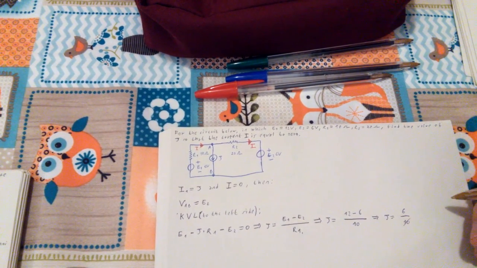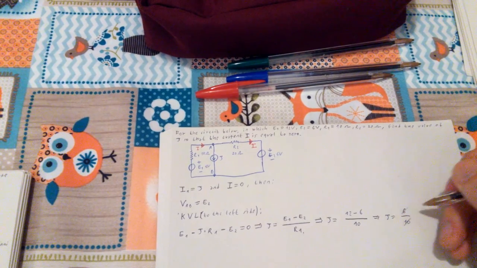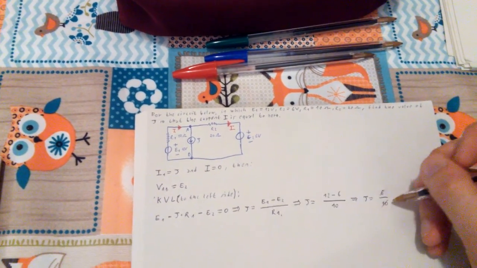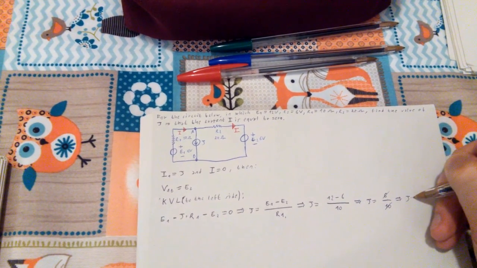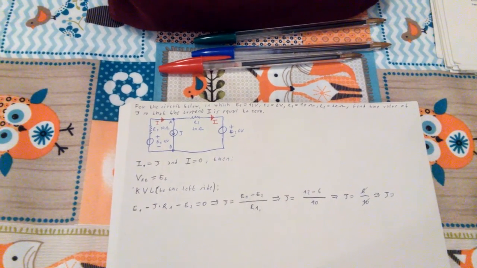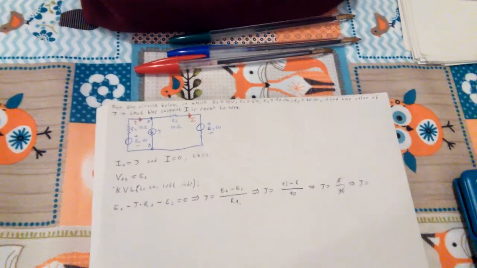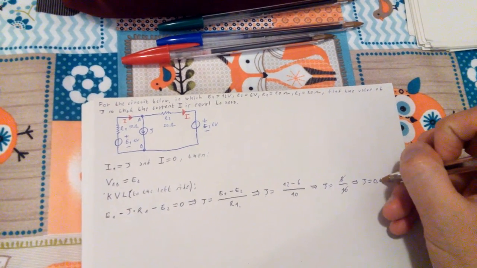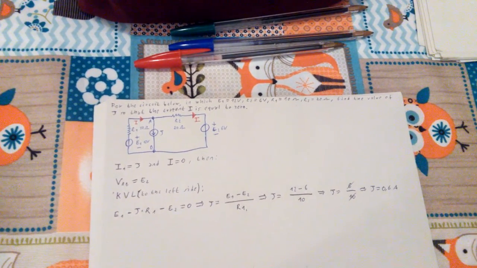Then we can divide those, and we get J equal to 0.6 basically. It's just better to write it as a fraction actually.